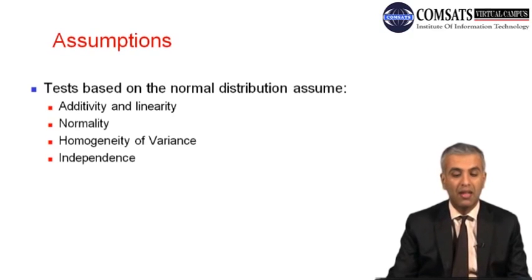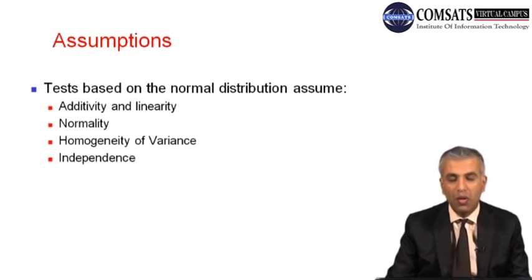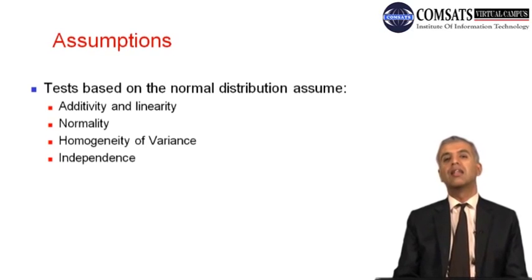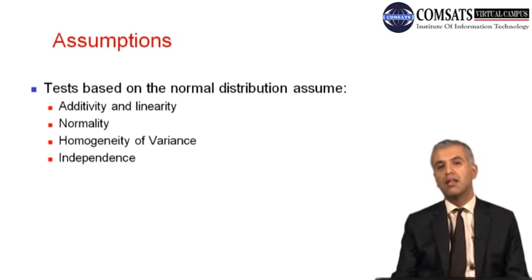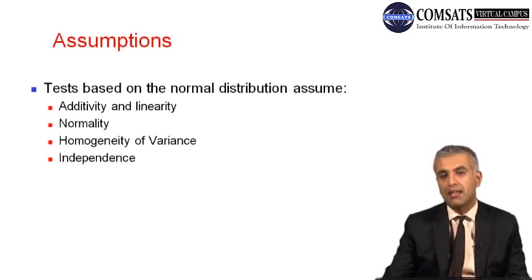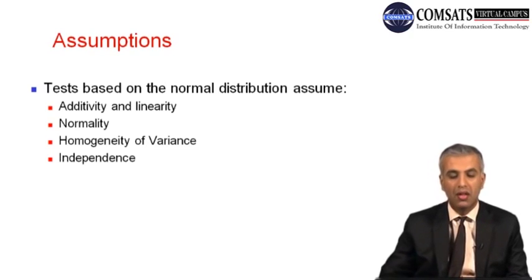So these four conditions are of very much importance, because any condition which is not satisfied would affect our hypothesis testing, and then we would end up with the wrong conclusion.